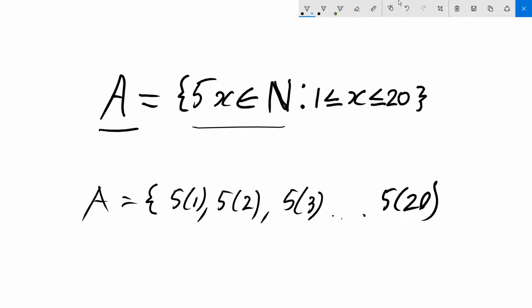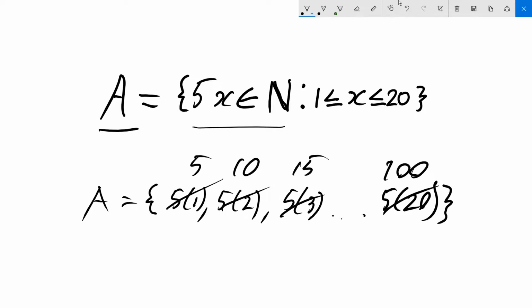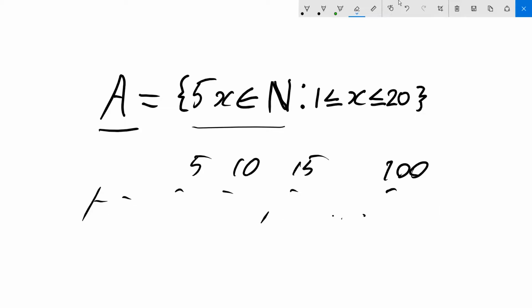So now we just have 5, 10, 15, up to 100. We're doing the same thing, we're just changing the multiple.